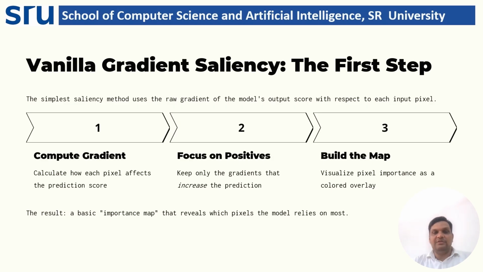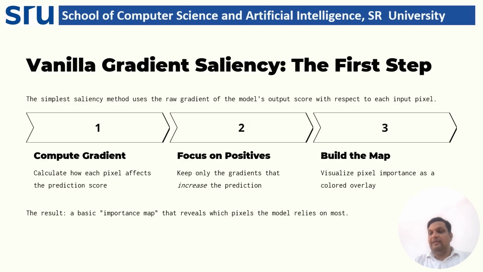Focus on positives: keep only the gradients that increase the prediction. Build the map: visualize pixel importance as a color overlay. The result, a basic importance map that reveals which pixels the model relies on most.